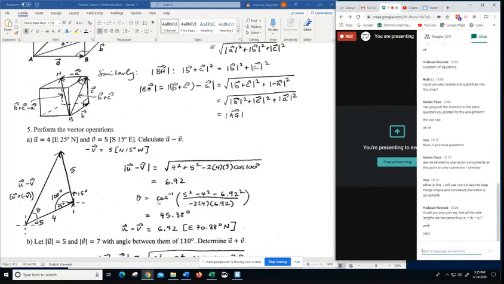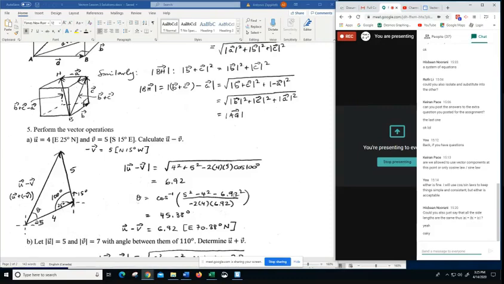And again, you'll notice that I choose to use cosine law, because anytime I'm working with one angle and two side lengths, I worry about running into the issue of the ambiguous case of sine law. So if I use cosine law, I know I don't have to worry about that.